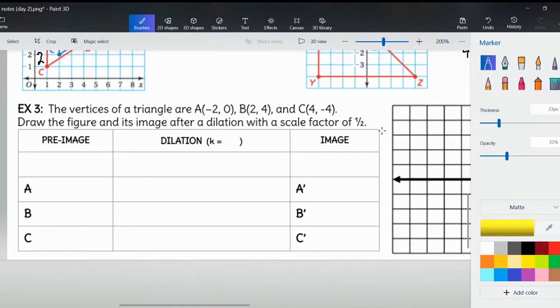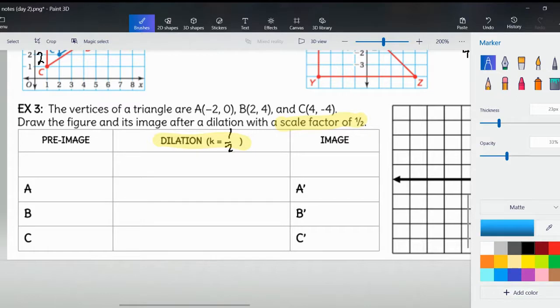All right, so I'm going to highlight that scale factor because that's important. I'm just going to go ahead and write it down in our dilation section right here. K equals 1/2. So our dilation, K, our scale factor, is going to be 1/2.